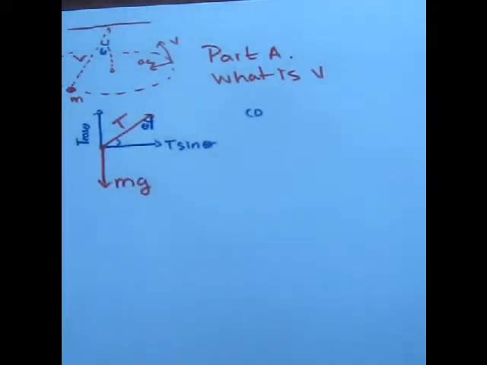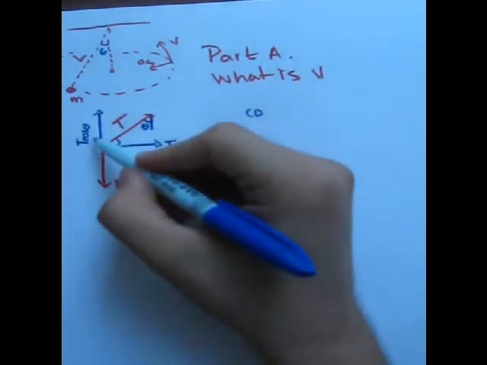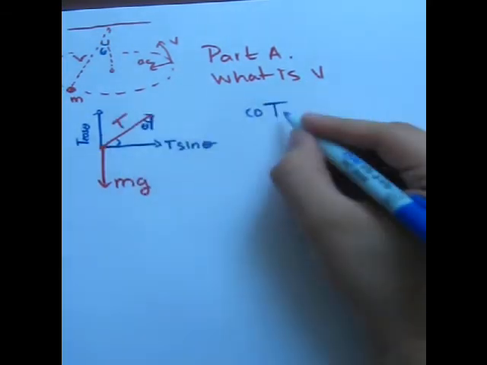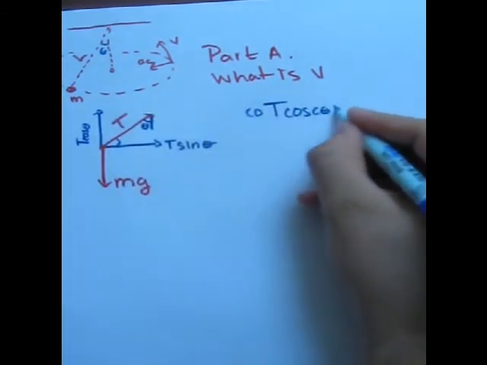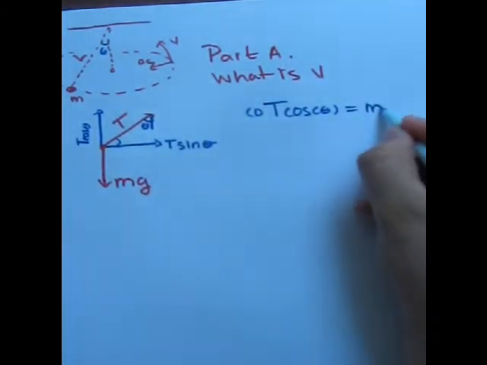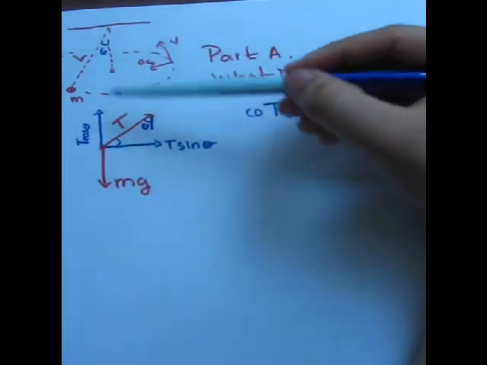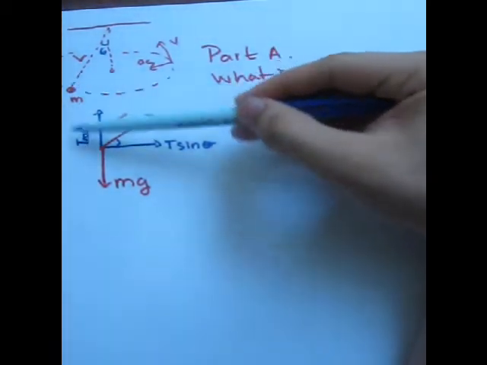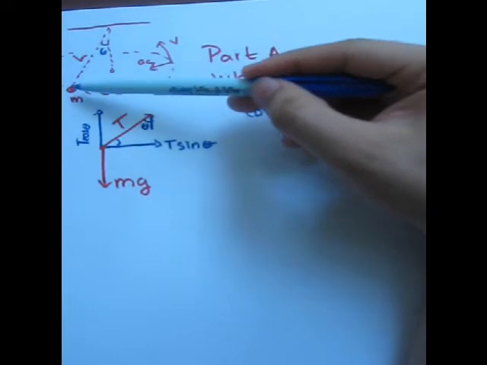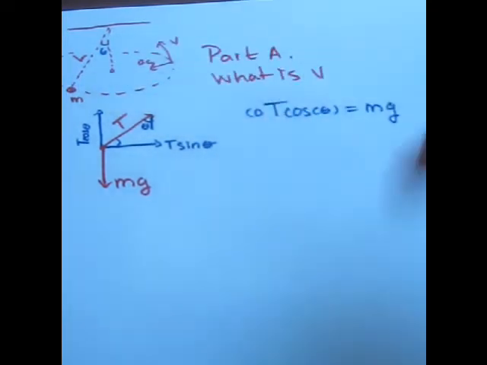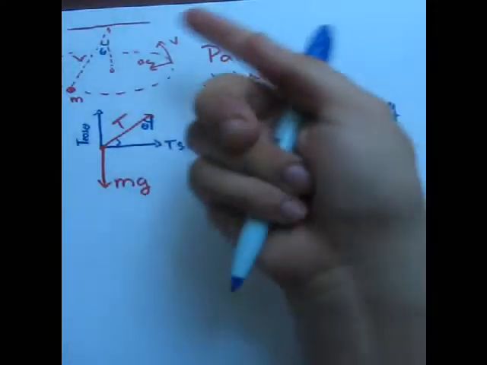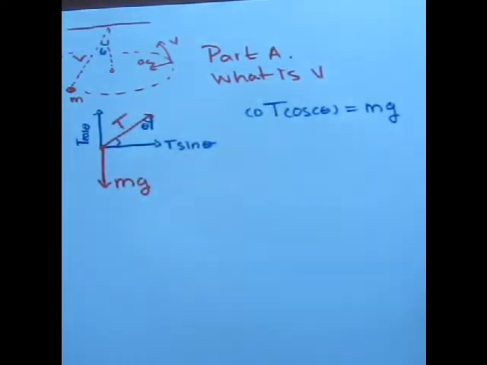Let's continue with our equations. In this case, T cosine theta must equal mg. Why does it equal mg? Well, there is no acceleration in the vertical component. There's only acceleration towards the center of the circle, and this vector is going to point towards the center as it goes around.